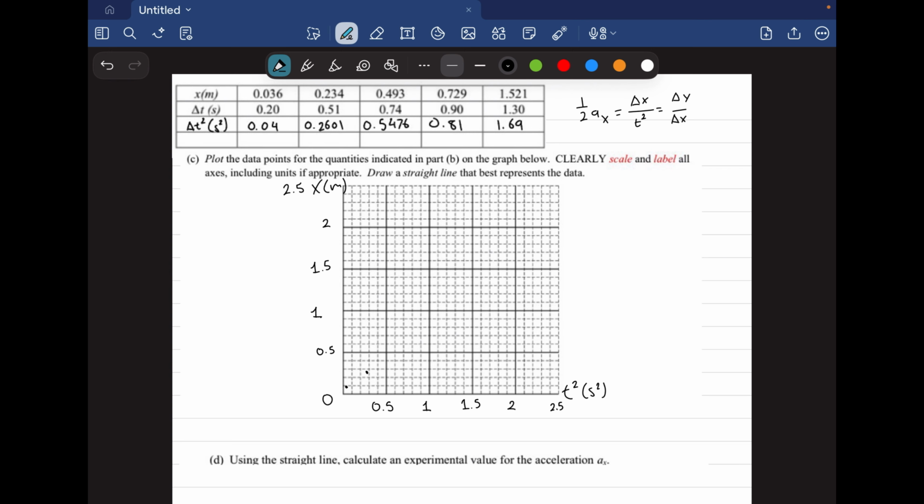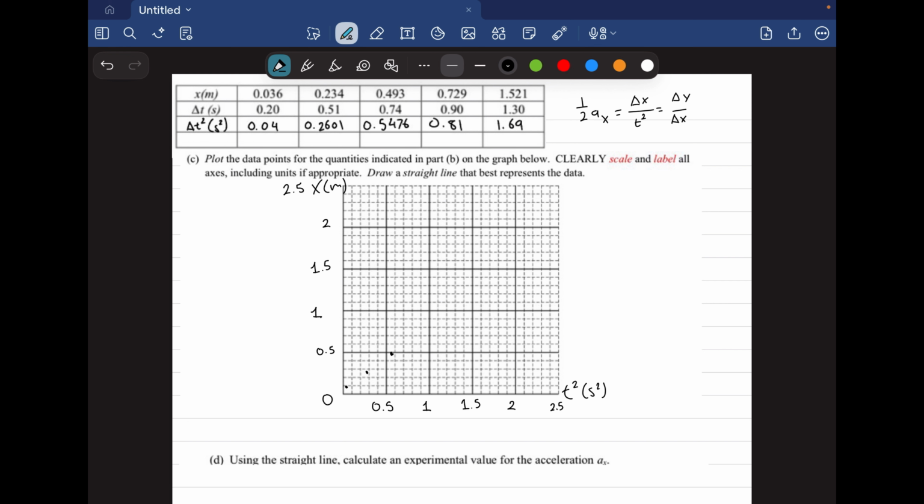And then 0.5476, then 0.493, around here.